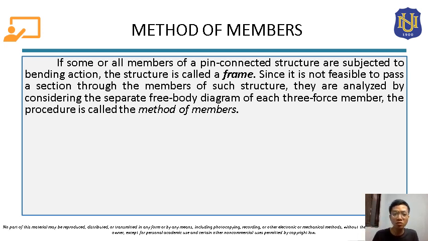In method of members, basically what we are doing is separating the free body diagram of each member. We know that for frames, the members are multi-force members, right?